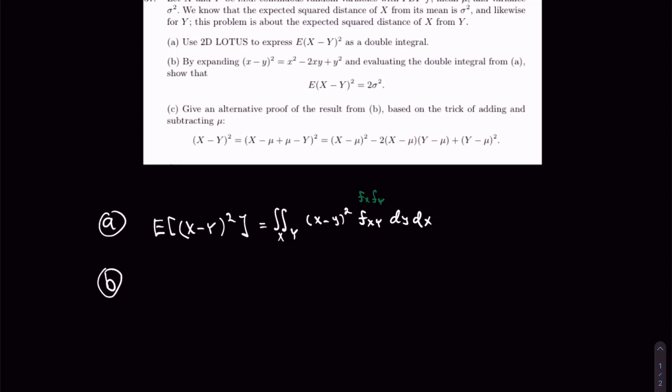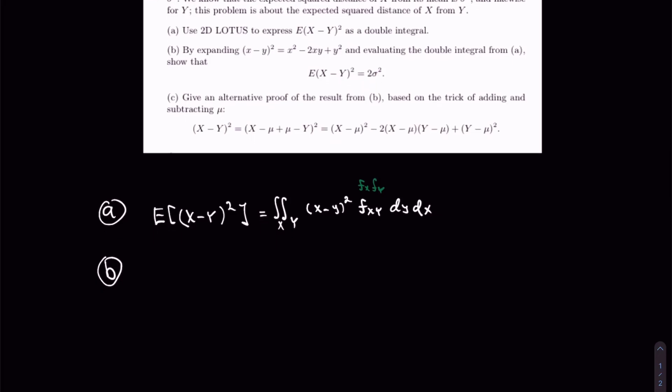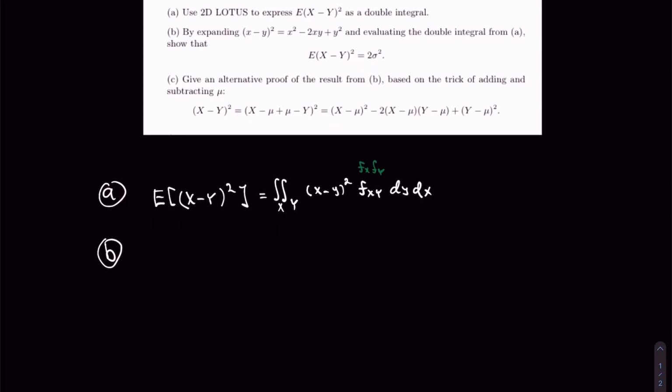So now, in the second part, we are asked to expand the square and evaluate the double integral and show that that corresponds to 2 sigma squared. Okay, let's do so. I'm going to start by copying this little thing we have here, duplicate it, move it here.